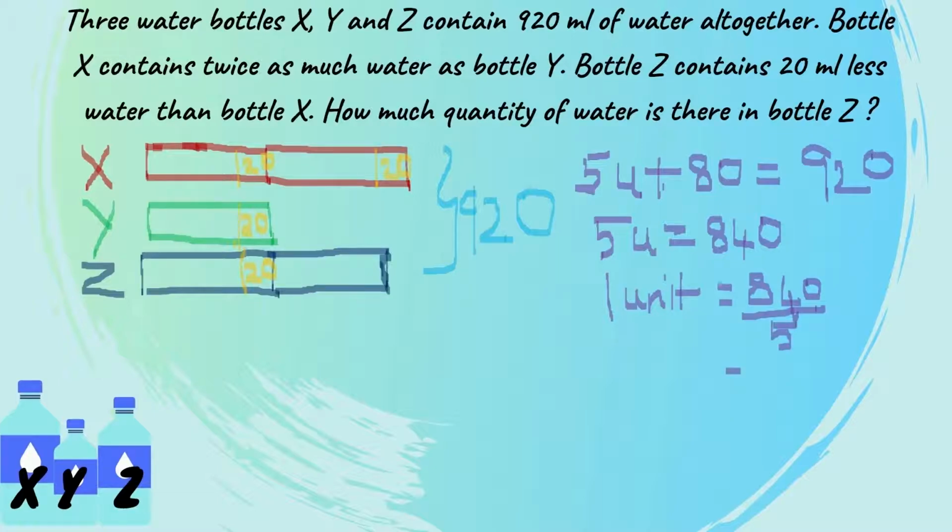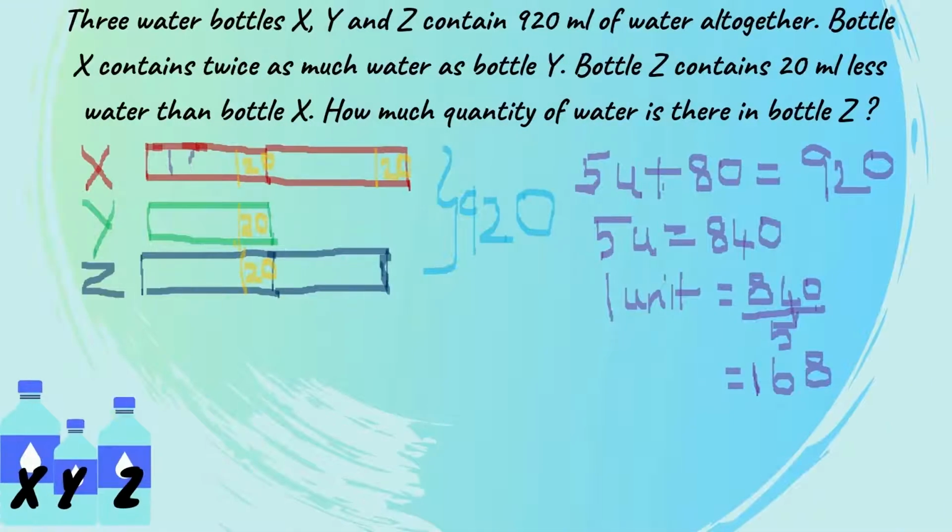When you divide, 1 times 5 is 5 and the balance is 3. So it becomes 34, and 6 times 5 is 30, so balance is 4, and then it becomes 40. 8 times 5 is 40, so 168. So we found the value of 1 unit, which is 168.